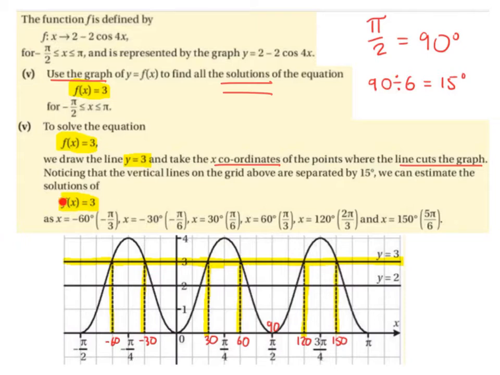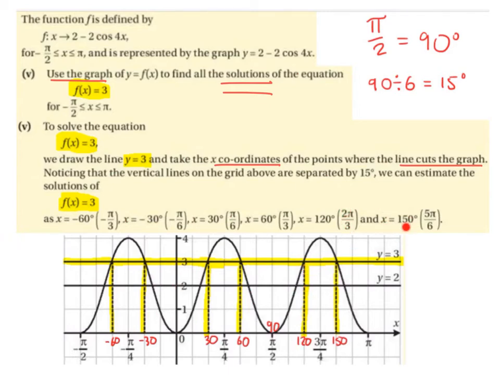So we can estimate the solutions for f of x equals 3. x is equal to minus 60 degrees, which is minus pi over 3. x is equal to minus 30 degrees, which is minus pi over 6. x is equal to 30 degrees, which is pi over 6. x is equal to 60 degrees, which is pi over 3. x is equal to 120 degrees, which is 2 pi over 3.